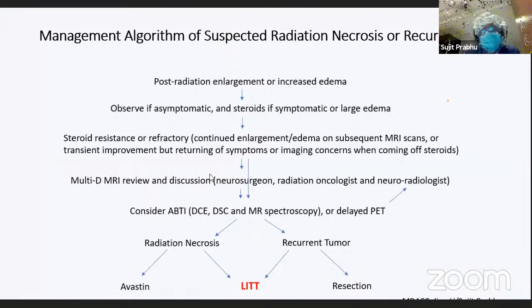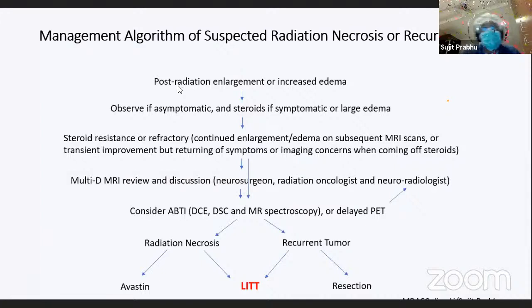They consist of neurosurgeons, radiation oncologists, and neuroradiologists. We review a large number of cases, and the cases which eventually fail radiation have to be decided in terms of the protocol into which they fall.